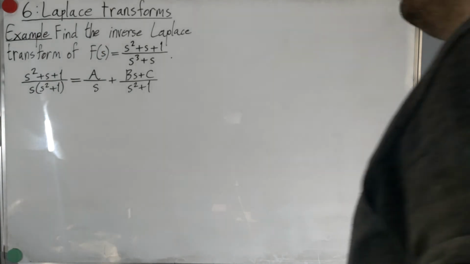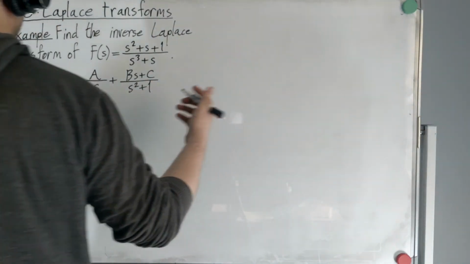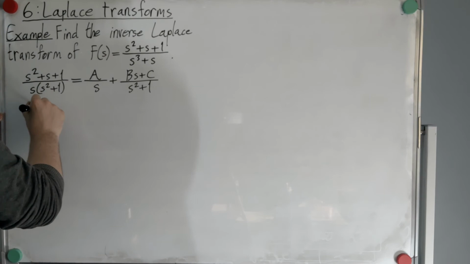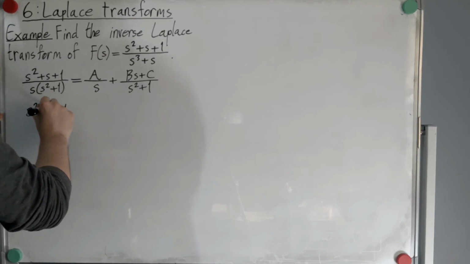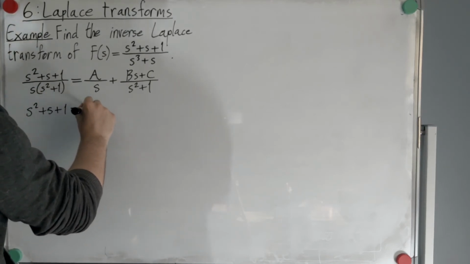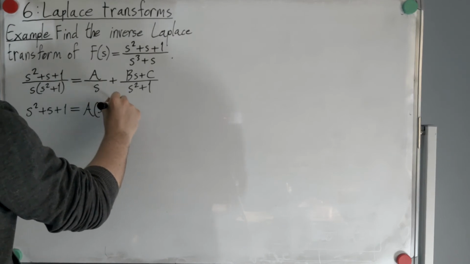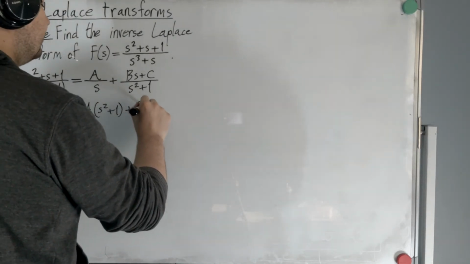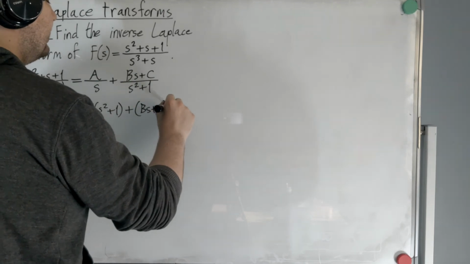So you multiply through by s times s squared plus 1. You get s squared plus s plus 1 equals A times s squared plus 1 plus Bs plus C times s.